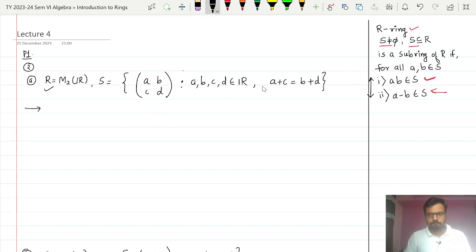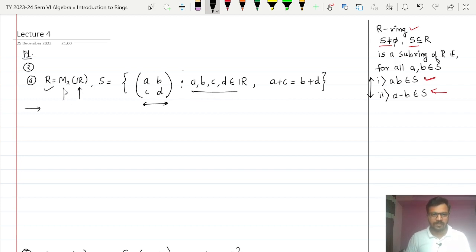Now first of all, non-emptiness. The question is why this S is non-empty. In order to prove that, we are supposed to understand what exactly S is. S is actually a collection of 2 by 2 matrices with real entries.